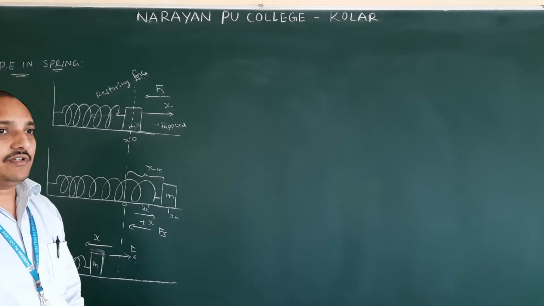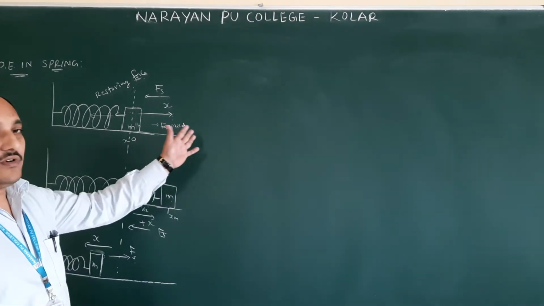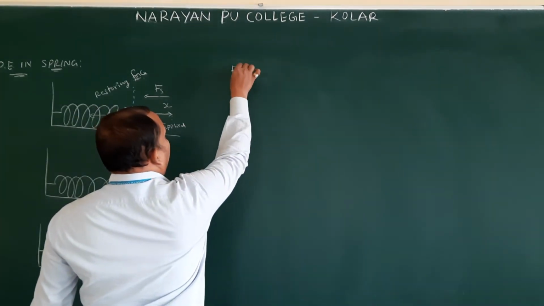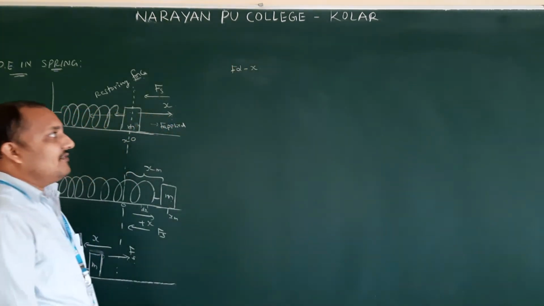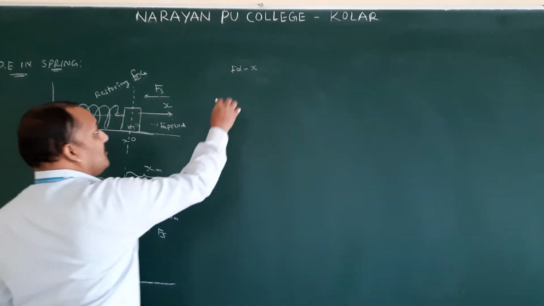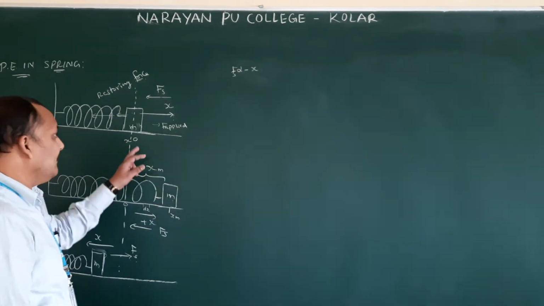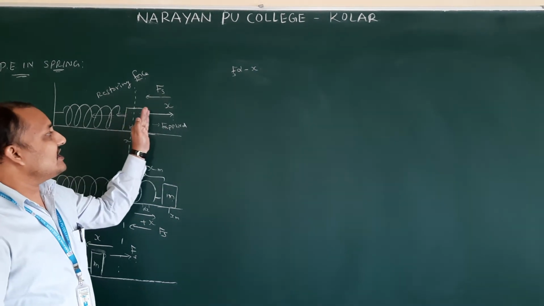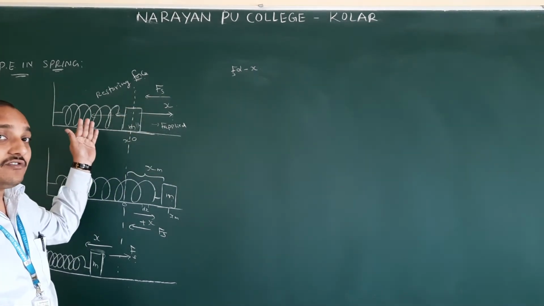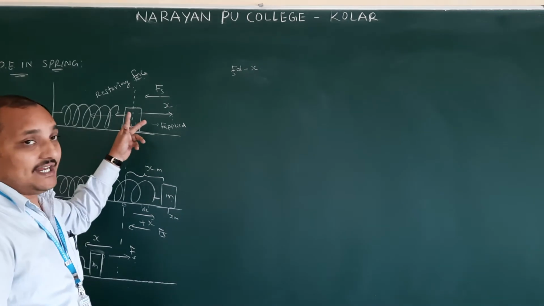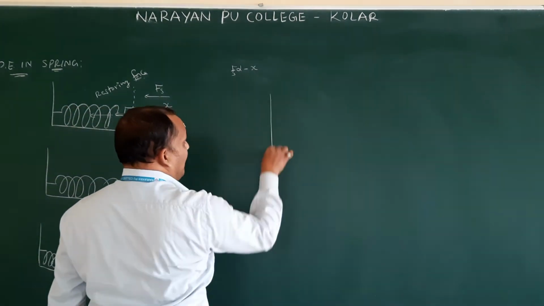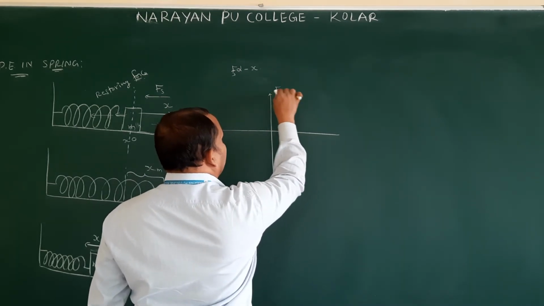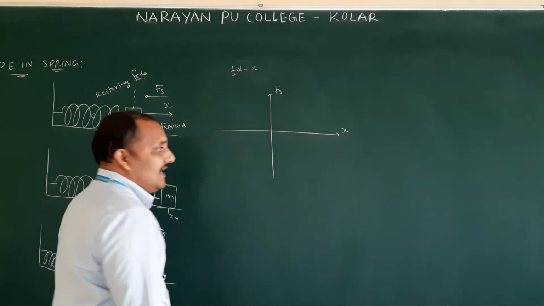Next, how are we going to draw the graph between force and elongation or displacement? We said spring force and elongation are always in opposite directions. When elongation is 0, force is also 0. Whenever elongation increases, the restoring force also increases, but in the opposite direction. Therefore, when drawing the graph, spring force is on the y-axis and elongation on the x-axis.